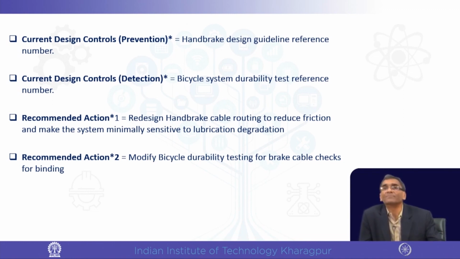Now, what is the outcome of this multiplication of severity, occurrence and detection difficulty? That is, suppose it is 10, 5 and 2, something else is say 8, 2 and 1. So, 8, 2 and 1 give a product of 8 into 2 into 1, 16.